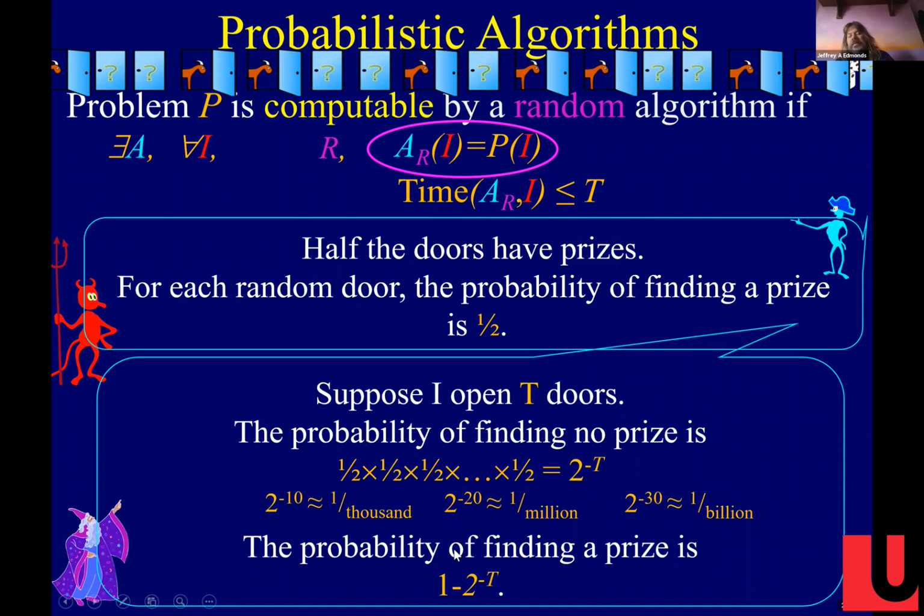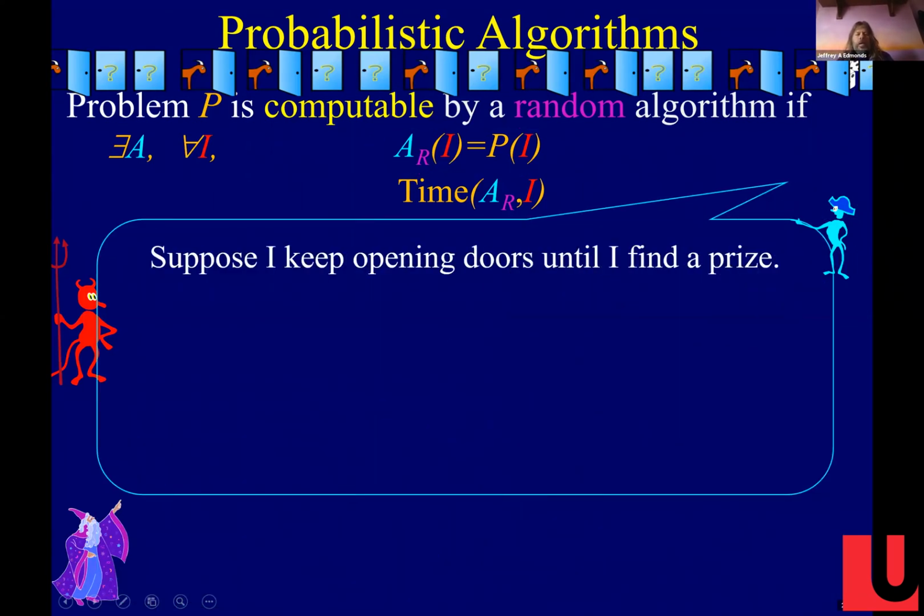All right. So the probability you find at least one prize is 1 minus that, right? So that's really, really good. So here we say that no matter what the input is, I gave you an algorithm so that the probability of finding a prize is exponentially close to 1. It's 1 minus an infinitesimal, right?